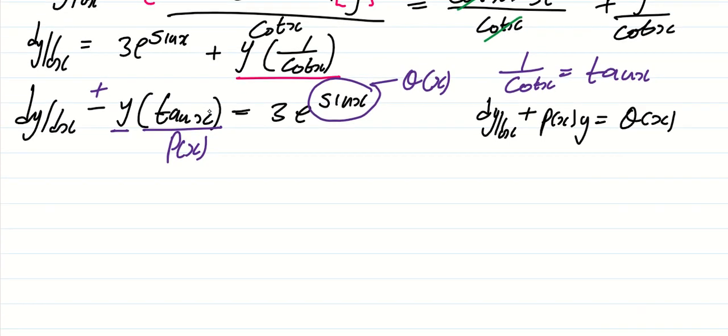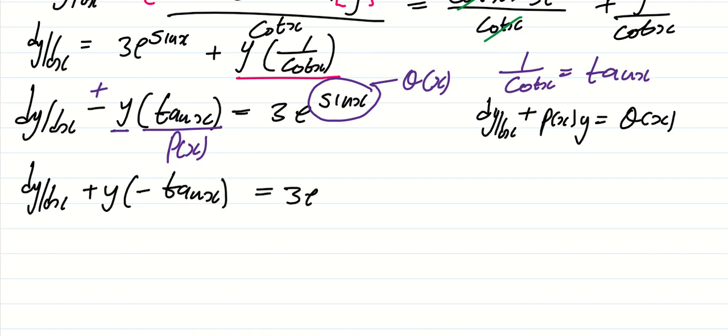So we're gonna write it nicely. So dy over dx plus y, they told you that it should be a positive, and then minus tan x, which is equals to 3e sine x. Okay, so now it's in that format. Remember, your p can be a minus, but your y cannot be a minus, since it's a linear equation.